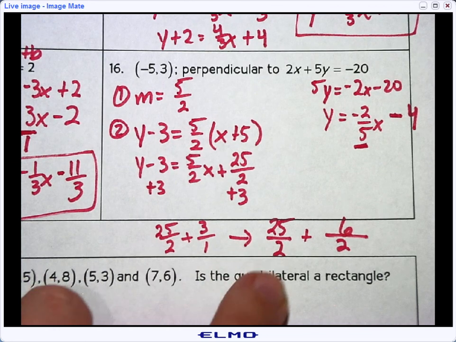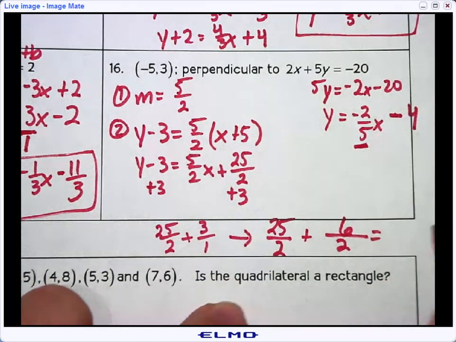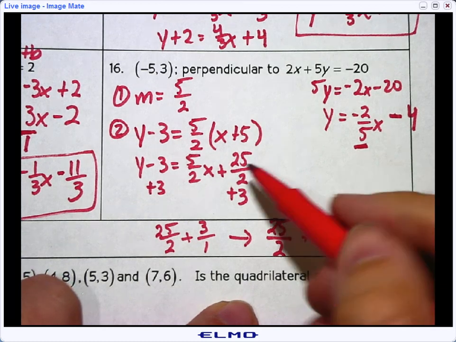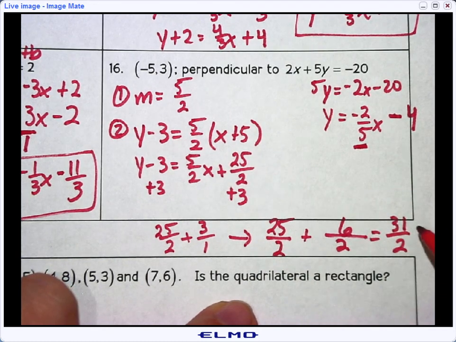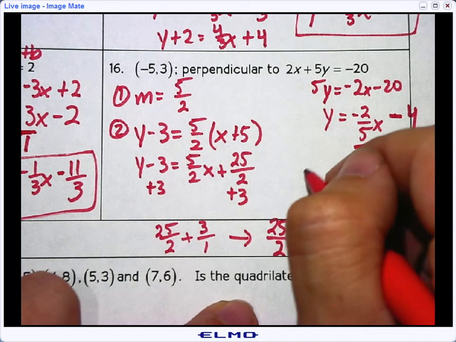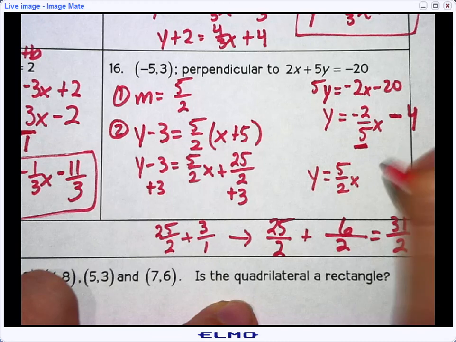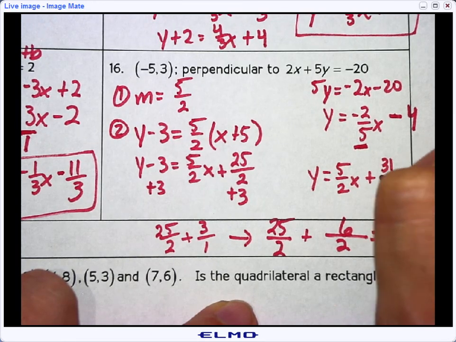So 3 over 1 is the same as 6 over 2. 25 plus 6 is going to give us 31 over 2. So 25 over 2 plus 3 is the same as 31 over 2. So that gives me the final answer. y equals 5/2 x plus 31/2.